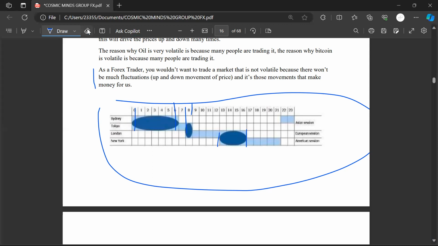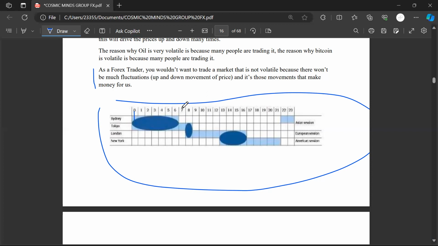So let me clear this wall so that you can have a better look at it. Right. So Sydney 0 to 6. Look at the light shaded blue, not the circular or the oval shape, the ellipse shape. No, I'm not talking about that. Look at the lighter shaded area.